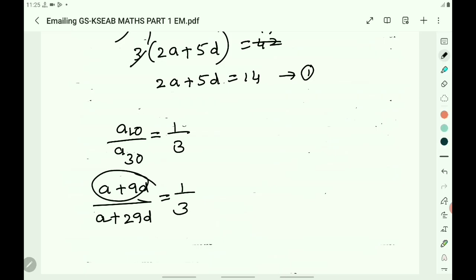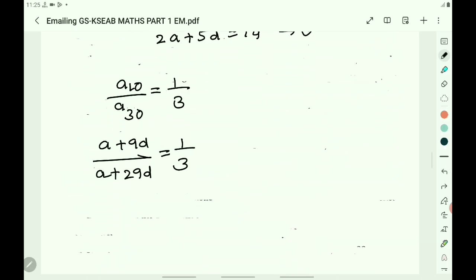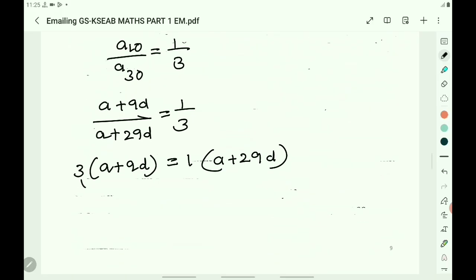Do the cross multiplication: 3 into a plus 9d equals 1 into a plus 29d. 3 into a is 3a, plus 3 into 9 is 27d, equals 1 into a plus 1 into 29d.